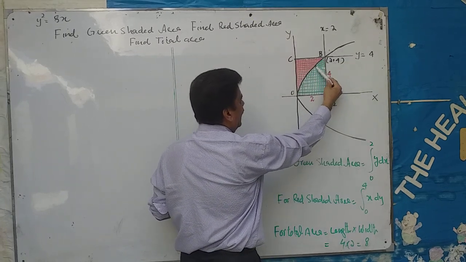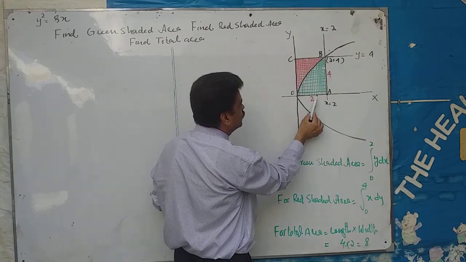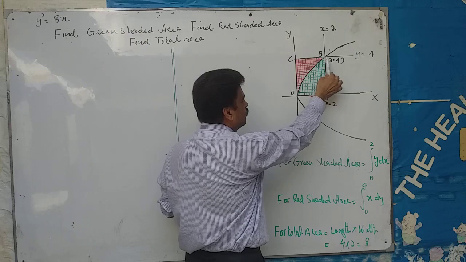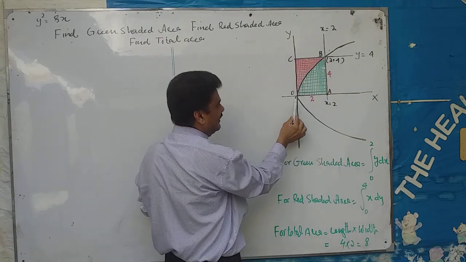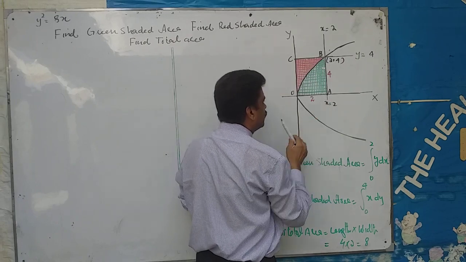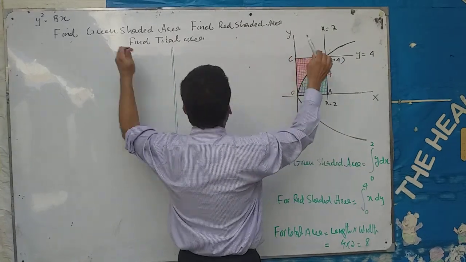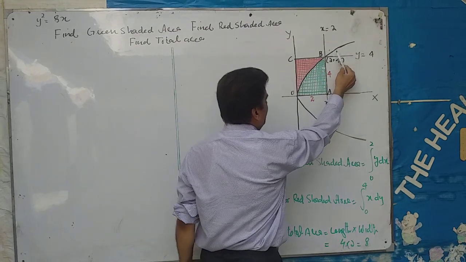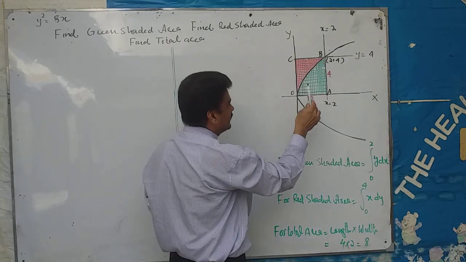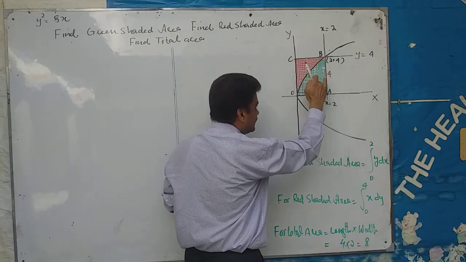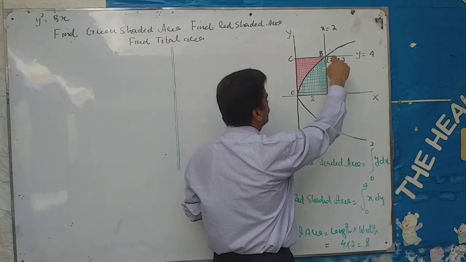This is an arc of the curve. x equal to 2 is the ordinate or vertical line. We take the limit from x equal to 0 to x equal to 2 and use the curve y is equal to square root of 8x. The area which we get will be the green portion area.